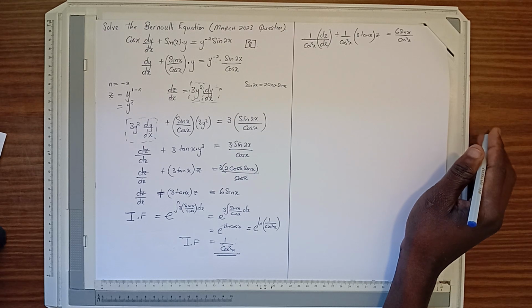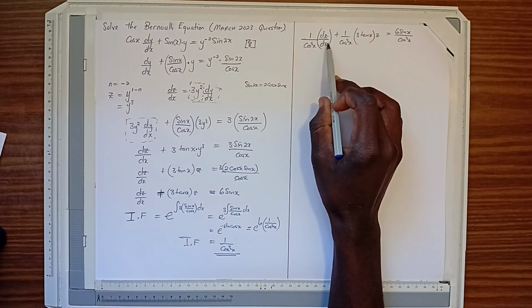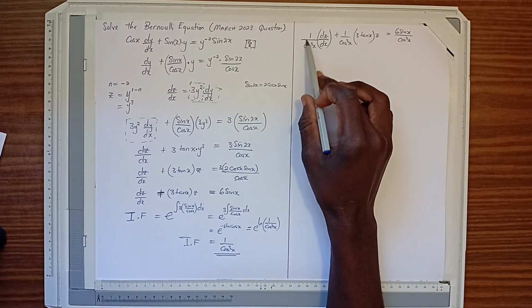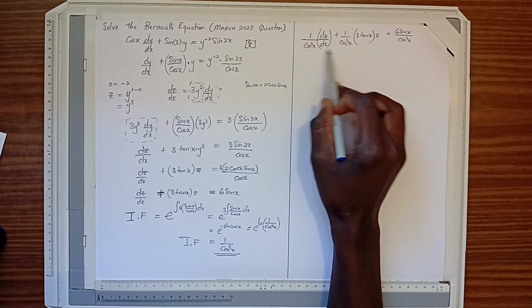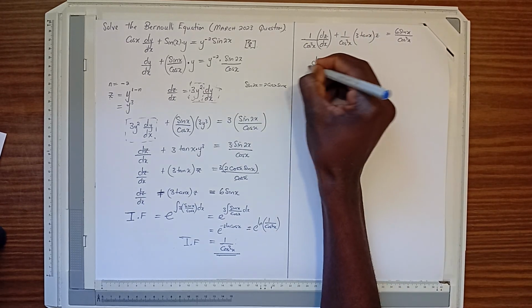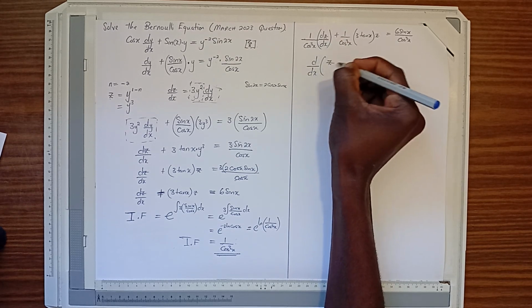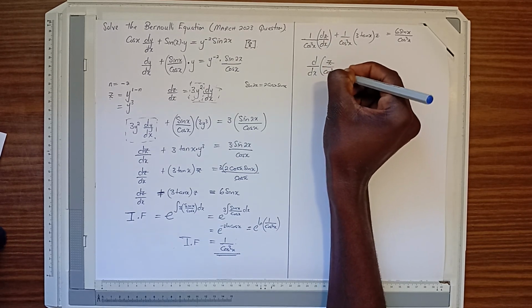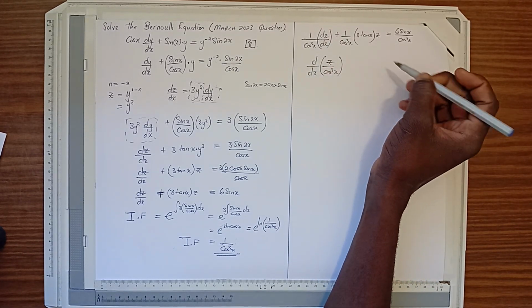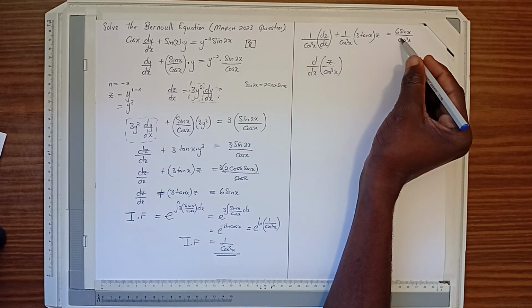Now we have to find the function that we differentiated to get this one. So it is d over dx of z over cos cubed of x. We differentiate this one to get this one.